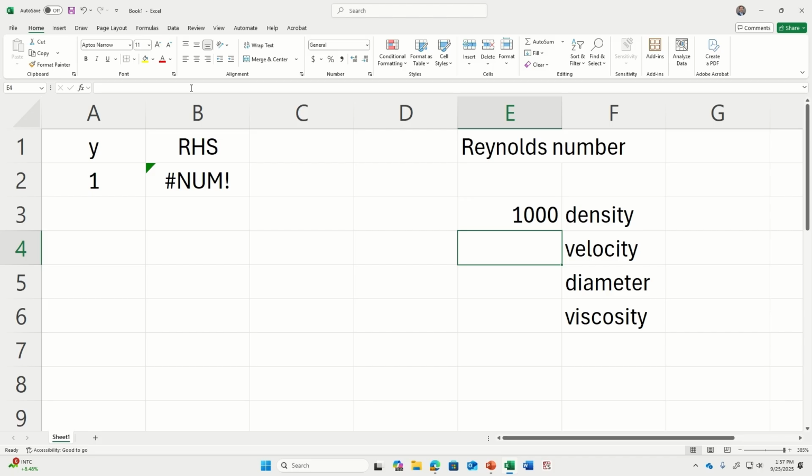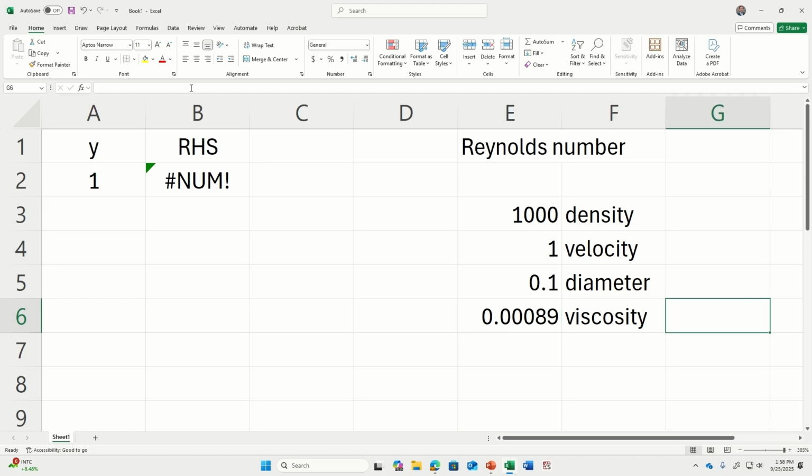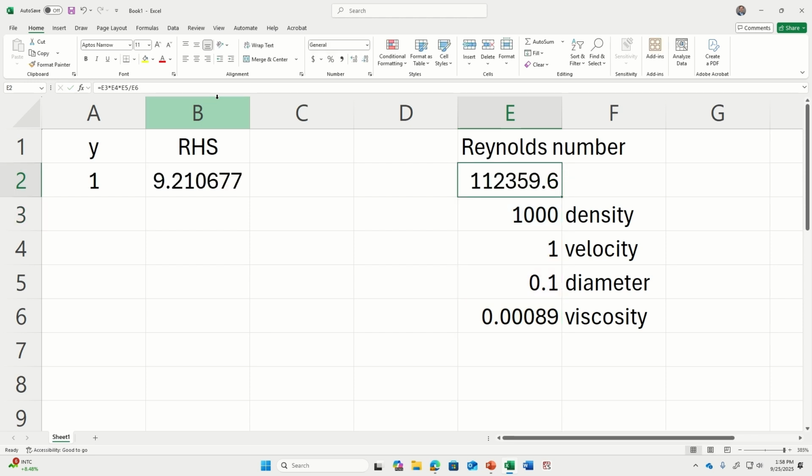For the velocity through my pipe, we're going to say the velocity is 1 meter per second. For the diameter of the pipe, we'll say it's 1/10 of a meter. And for the viscosity of water, let's say 0.00089 Pascal seconds. SI units are nice and easy. And so that means my Reynolds number is going to be density times velocity times diameter divided by viscosity. That's my Reynolds number.